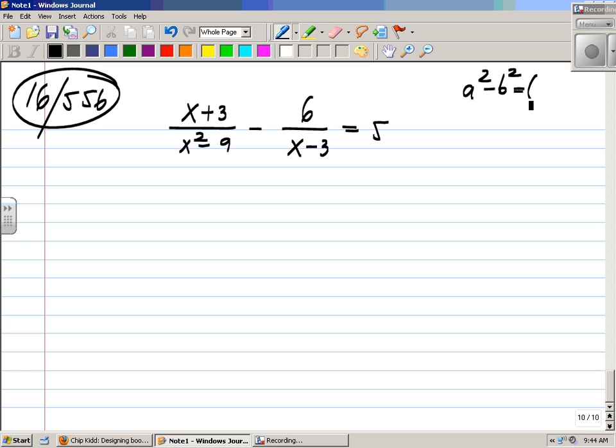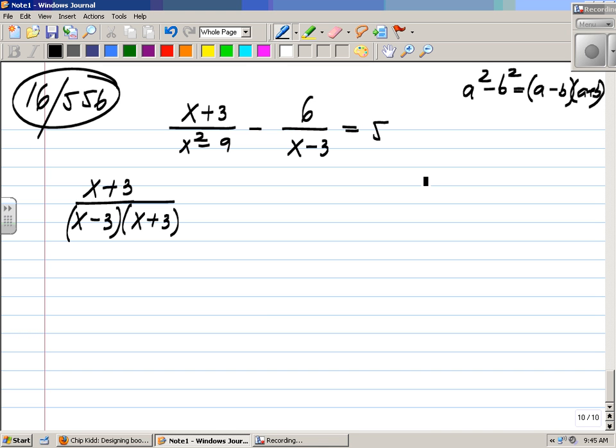The difference of the squares is the product of the difference and the sum. A squared minus b squared equals a minus b times a plus b, which means on the first fraction I can write it as x plus 3 over x squared minus 3 squared, which is x minus 3 times x plus 3.